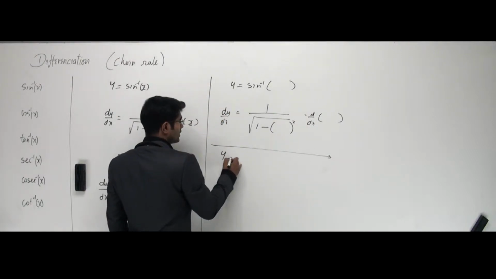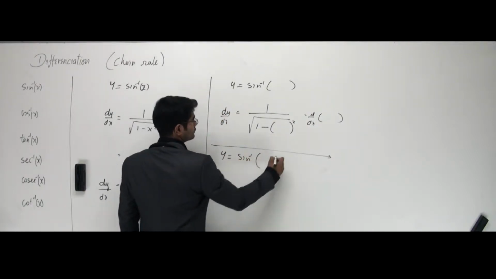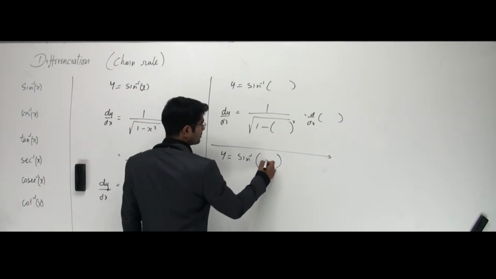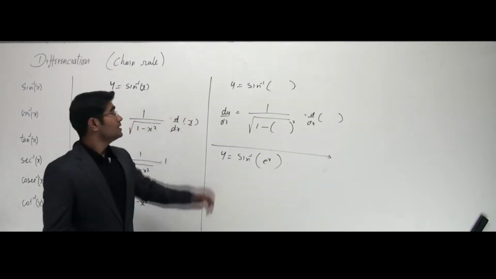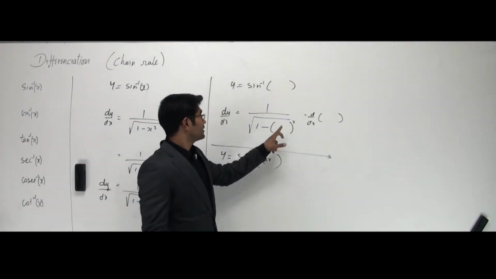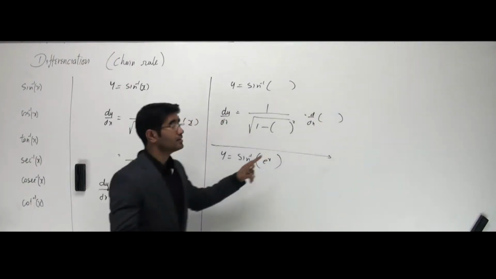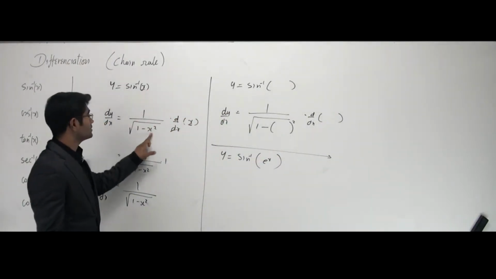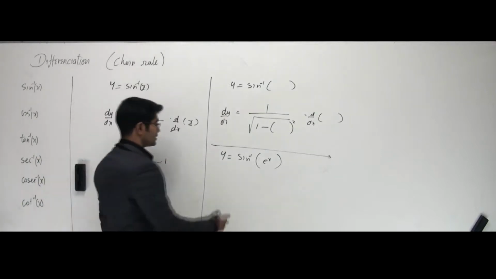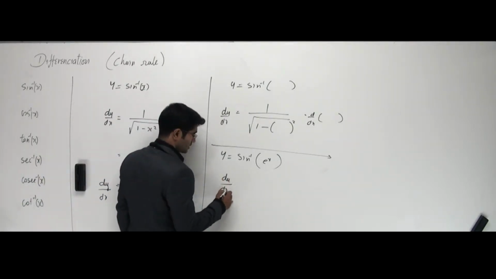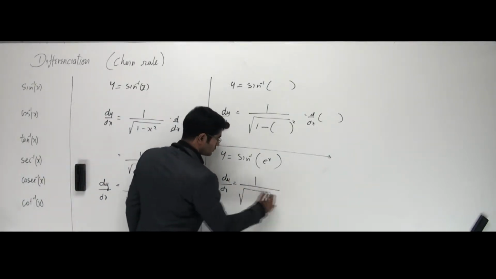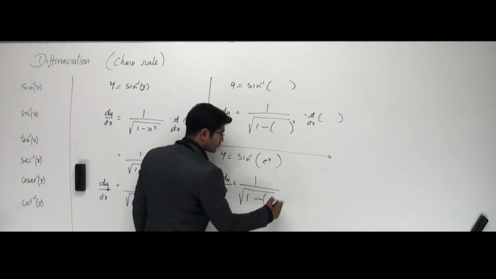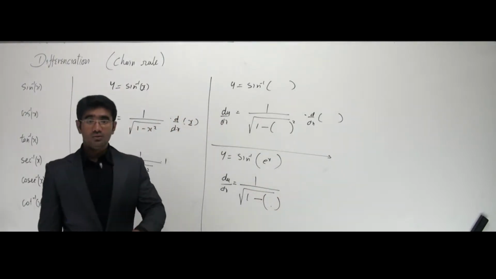Now if I say y is equal to sine inverse of, let's say, e power x here. Wherever there was x, there's now e power x. So what happens to this? dy by dx would be 1 by root of 1 minus, don't write x squared here. Don't make that mistake.